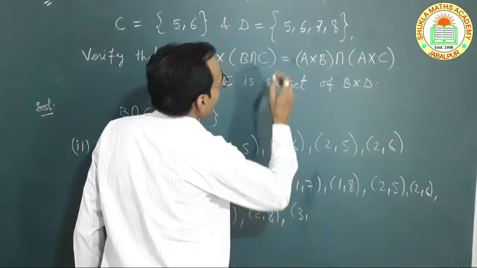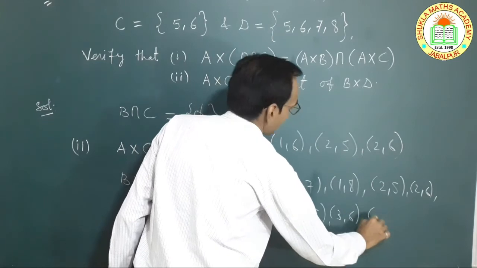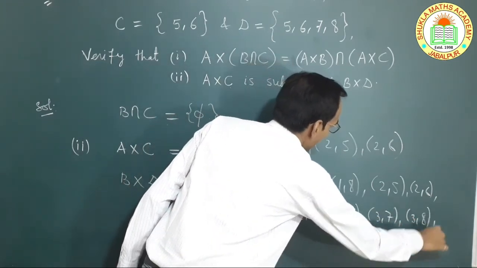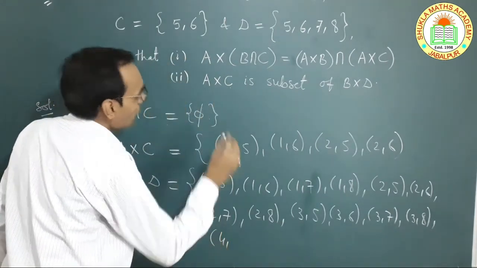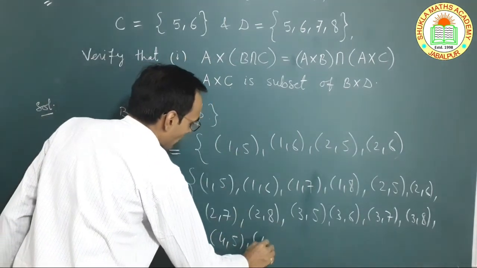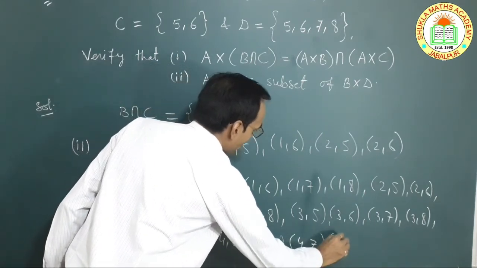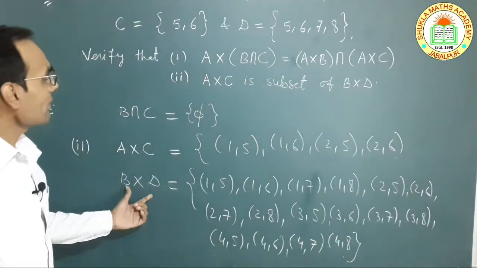So (3,5), (3,6), (3,7) and (3,8). And the last element of B is 4. So make the pair with 4: (4,5), (4,6), (4,7) and (4,8). So this is the required set of ordered pairs of B × D.